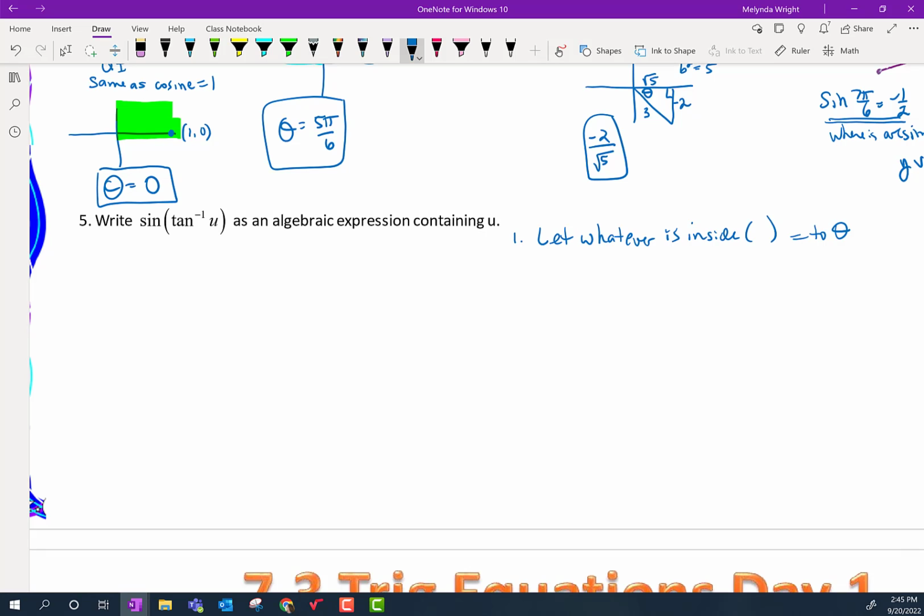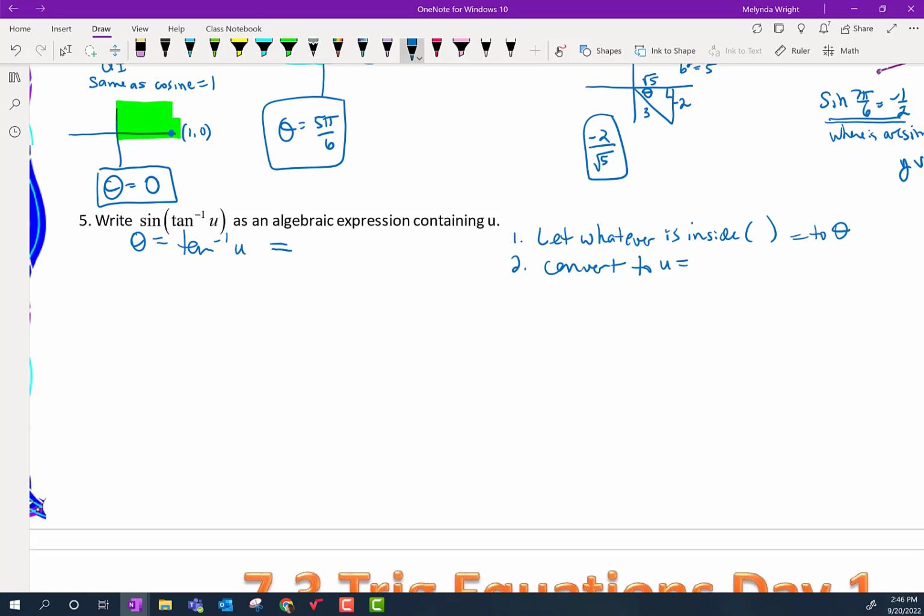So I'm going to say theta equals tan inverse of u. Then I need to convert to a u equals immediately. I need to do these first and second. Please do not skip this step.